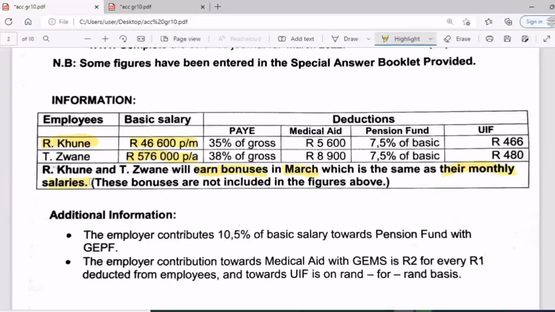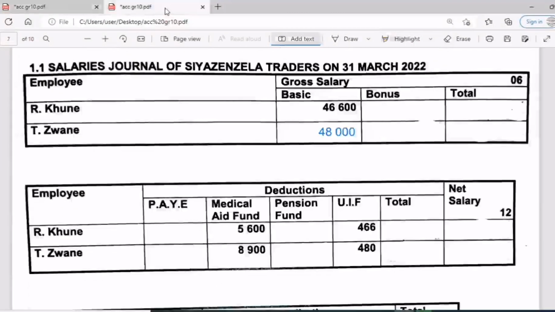So their bonus is the same as their monthly salary, which means for Kune, we're going to have 46,600. Same applies for Zwane, 48,000 bonus.